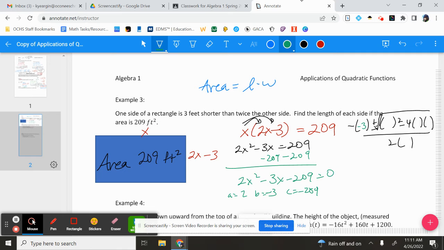So negative 3, 2, negative 209, and 2. So again, we can just type this into our calculator if we want to. Otherwise, I can tell you that this will be 3 plus or minus the square root of 9 minus 4 times 2 times negative 209.